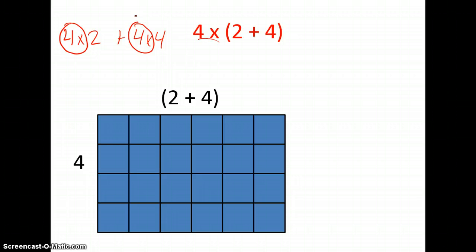So I removed that from both expressions and put it by itself outside. And then multiplied that by the quantity 2 plus 4, or my two original lengths of my rectangle.